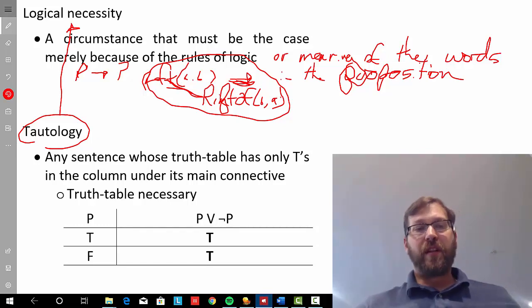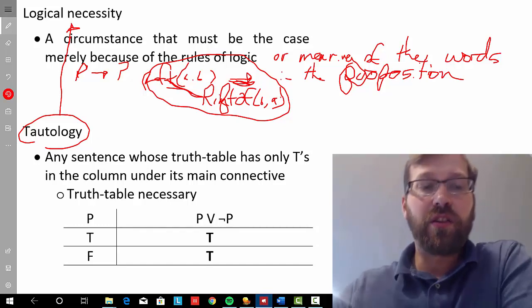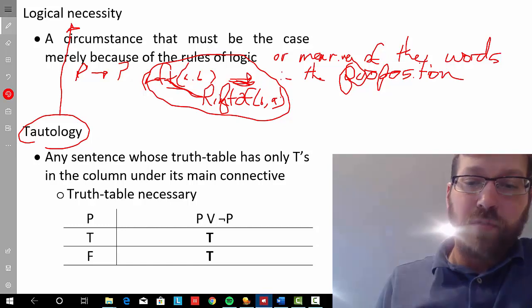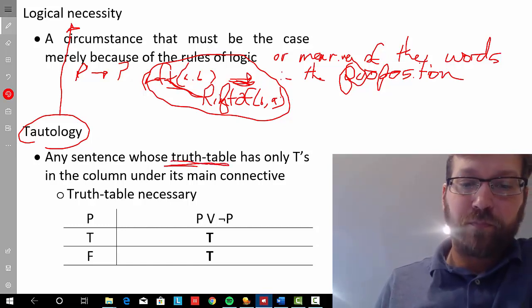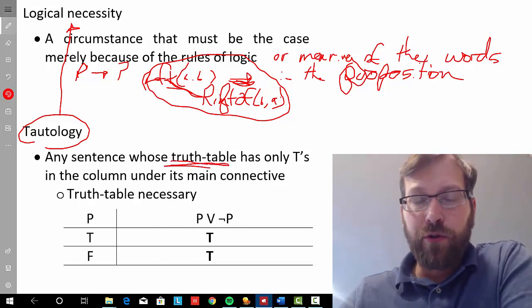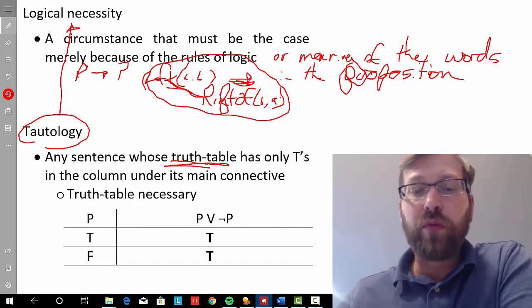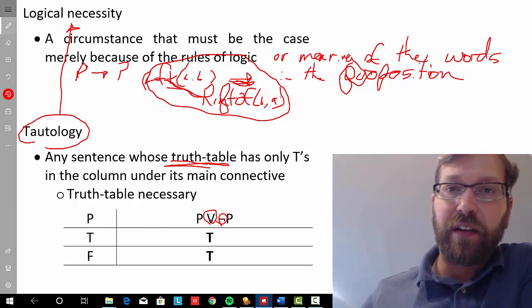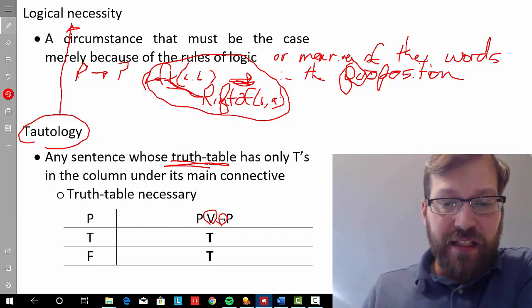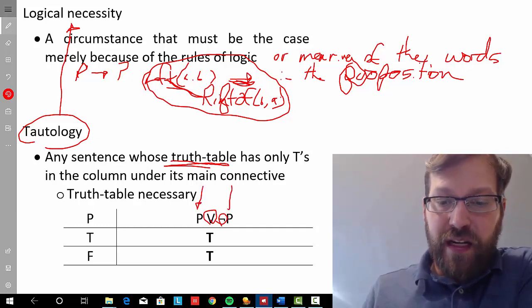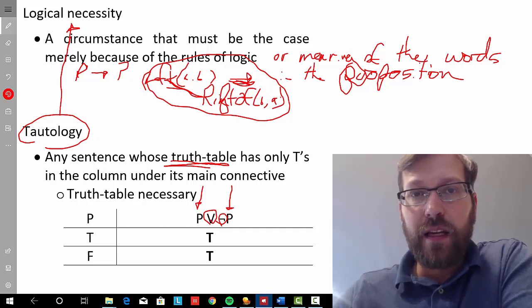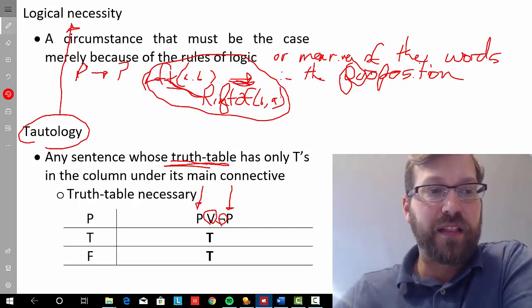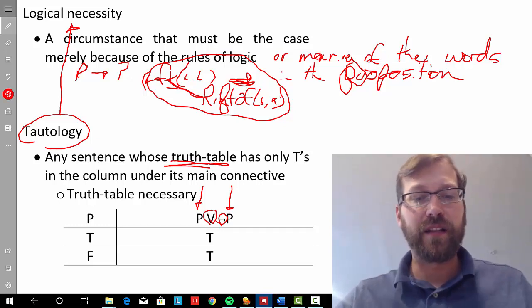So we can determine whether something is a tautology by appealing to our concept of a truth table. Our truth tables are only sensitive to the meaning of the logical connectives. They're not actually sensitive to the meaning of the propositions that are being stated in the various different predicates.